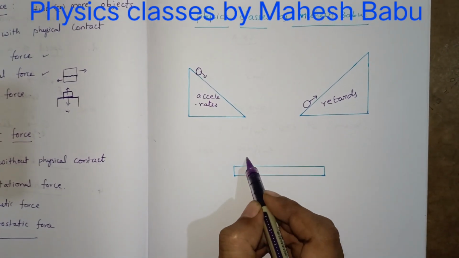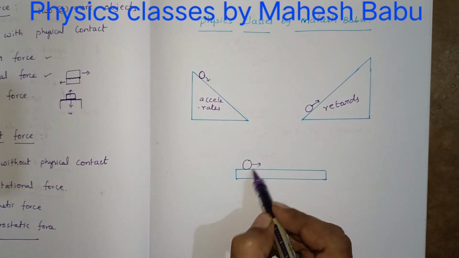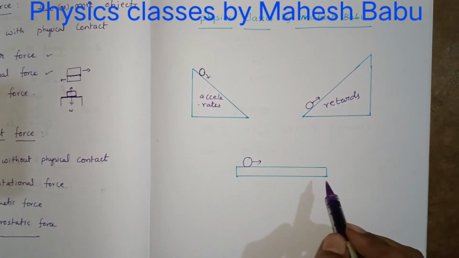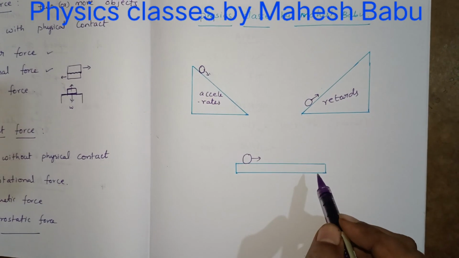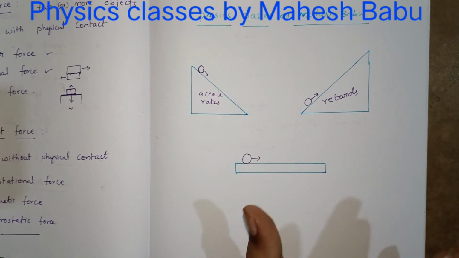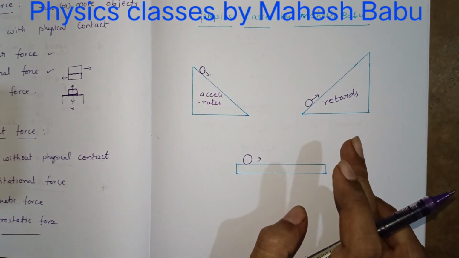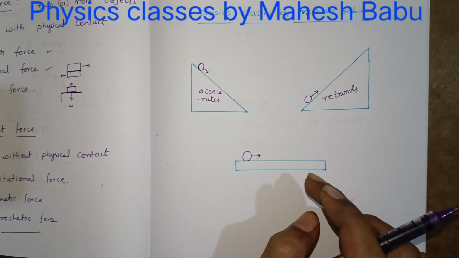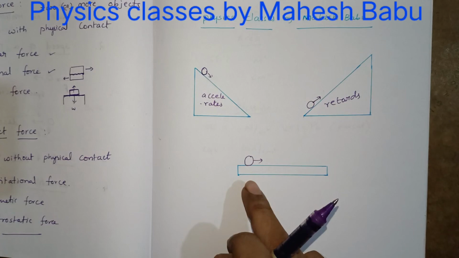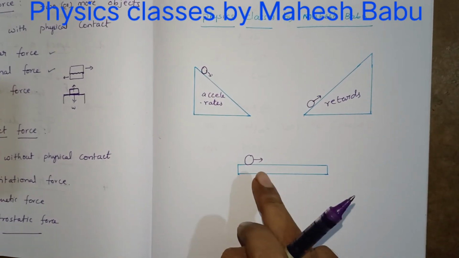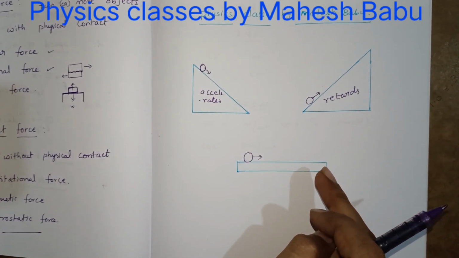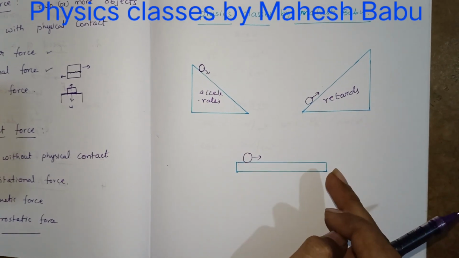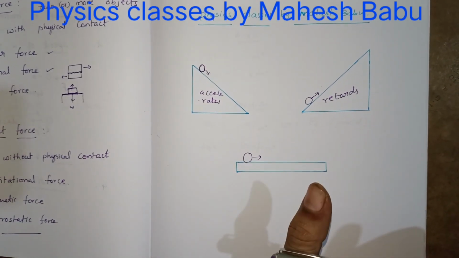Now if a body is moving on a horizontal plane, there is no reason to increase the speed or to decrease the speed. So here Galileo concluded that to move a body in uniform motion on a horizontal plane, we need not apply force.